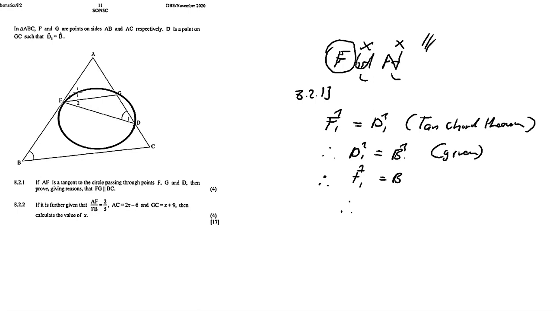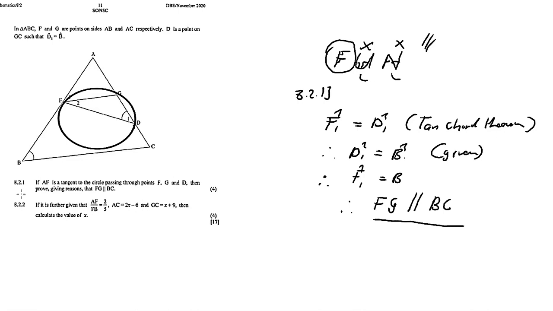Therefore, since the corresponding angles are equal, FG is parallel to BC. Voila. Now you answer it again. It's just a bit of logic we apply in order to calculate.